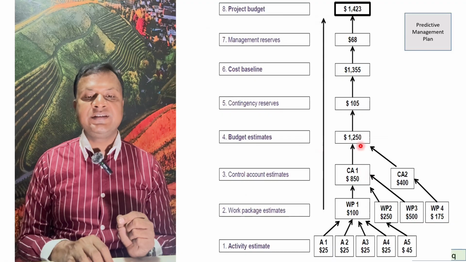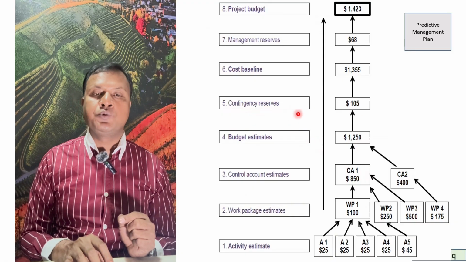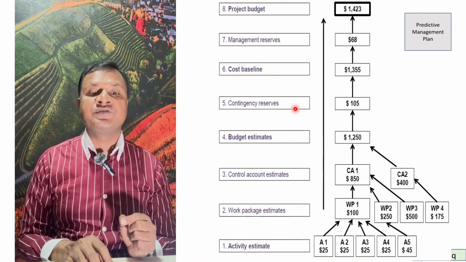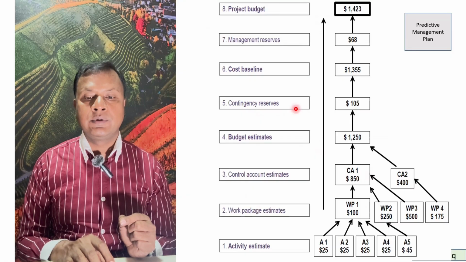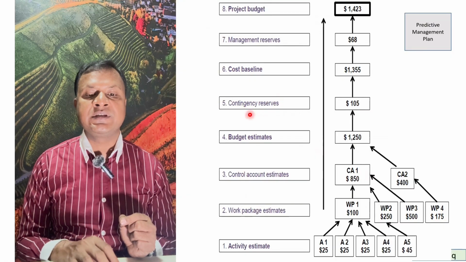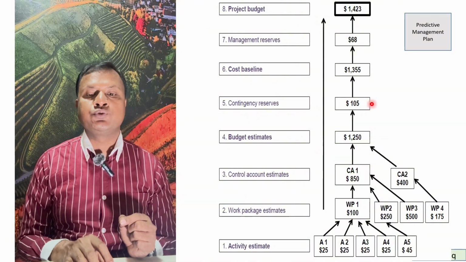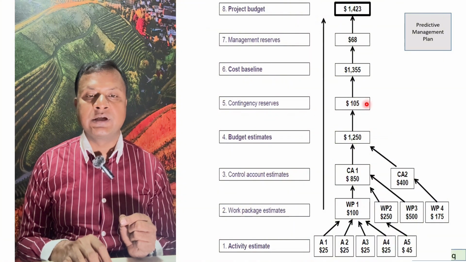With this, we should add a contingency reserve. Why? Because for any kind of emergency or urgency or any kind of changes, we have to spend some. So that's why we keep this contingency reserve, so that any change, any issues we can handle. So this is after the contingency reserve.